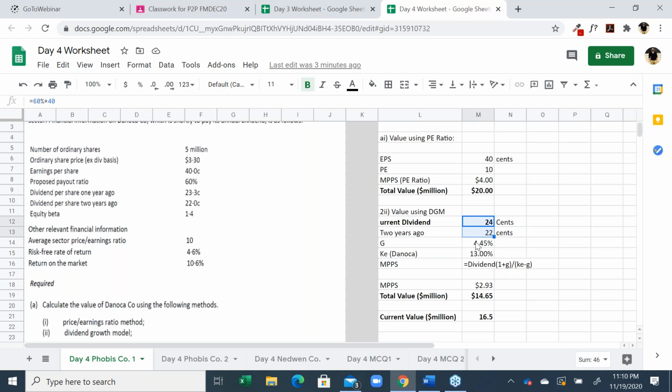So we think that the shareholders will be satisfied, or they will expect 4.45% growth in the future, but in practice the shareholders are expecting a higher growth in dividends. That's why they are valuing the share at a higher price.